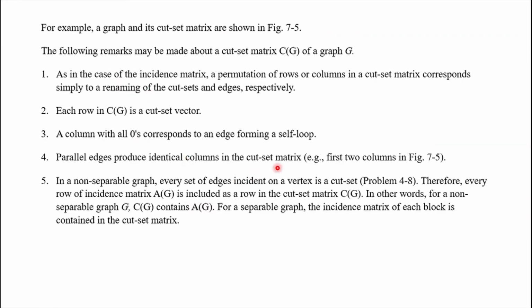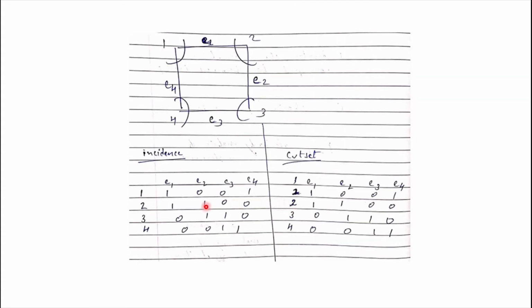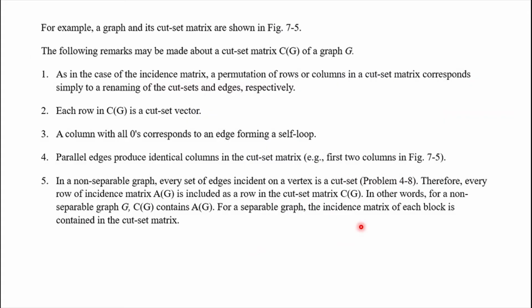So as stated, every row of incidence matrix AG is included as a row in the cut set matrix CG. As you can see, 1001 is the same. Every row is included in the cut set matrix. So basically CG contains AG, right?